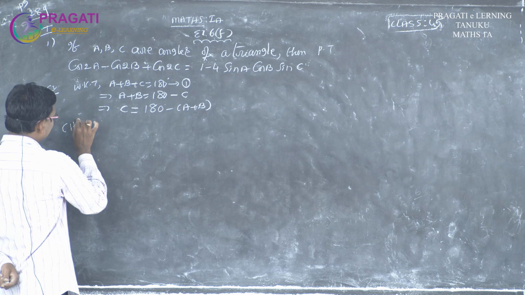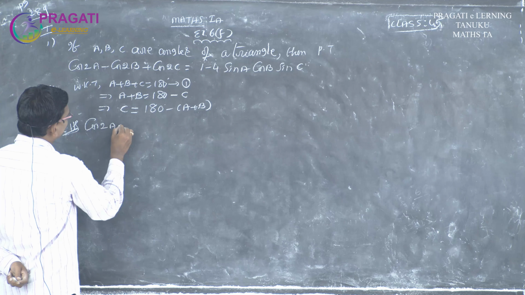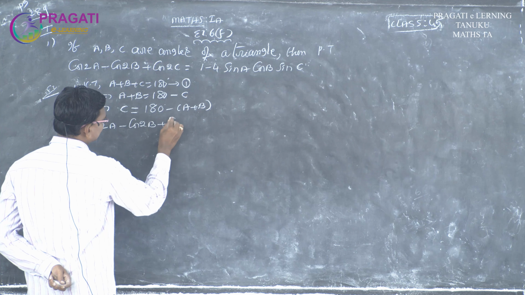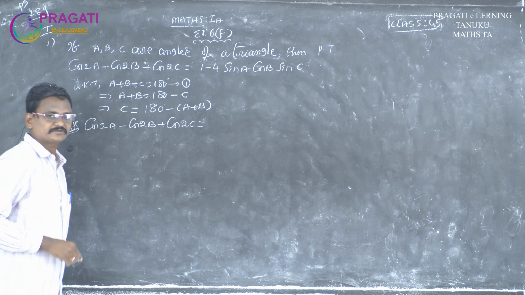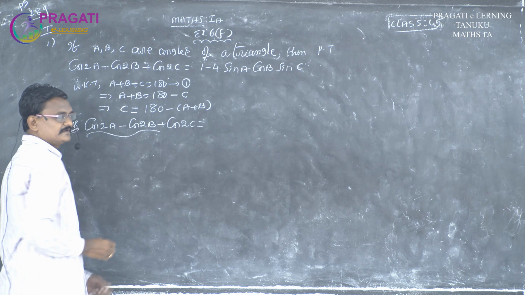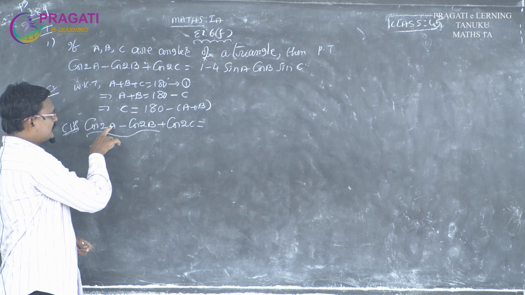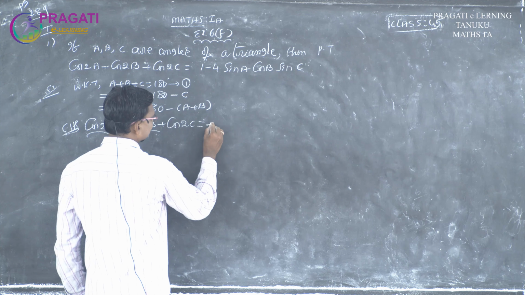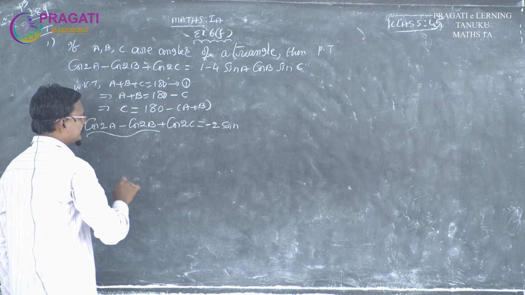Now, like in the previous problem, take LHS: cos 2A minus cos 2B plus cos 2C. So totally we have 3 terms. For the first two terms, cos 2A minus cos 2B, apply the transformation formula, just like cos C minus cos D. The standard formula is minus 2 sin of (C plus D) by 2 into sin of (C minus D) by 2.